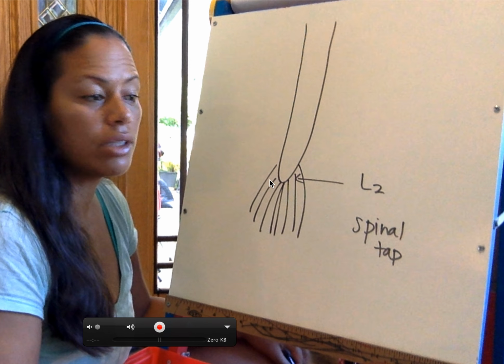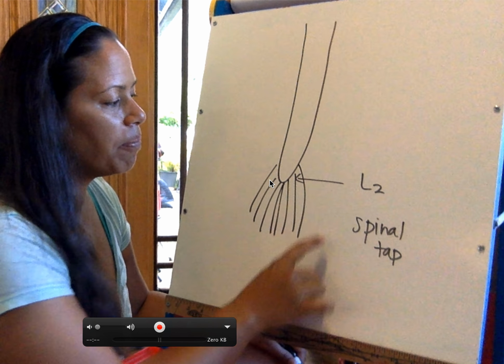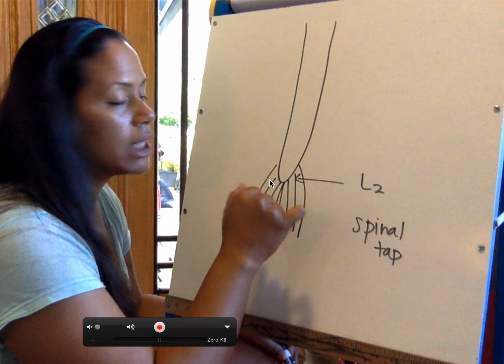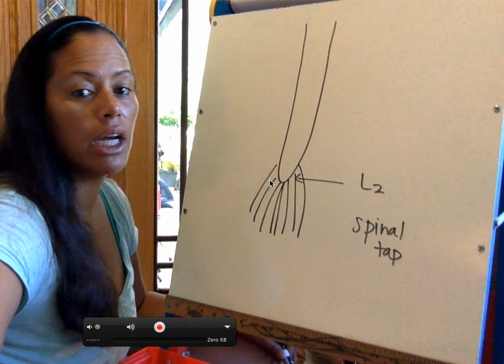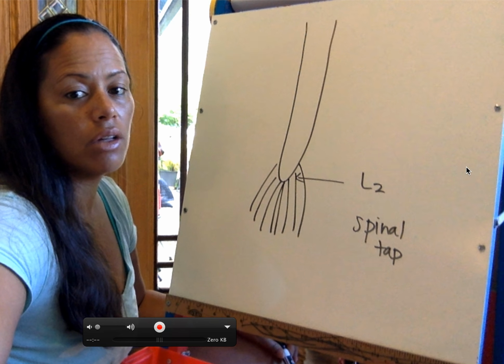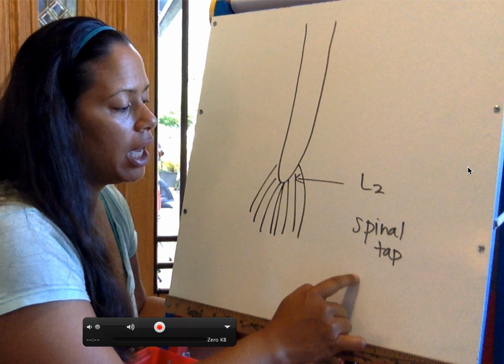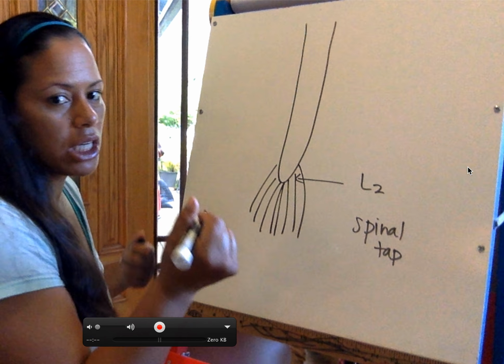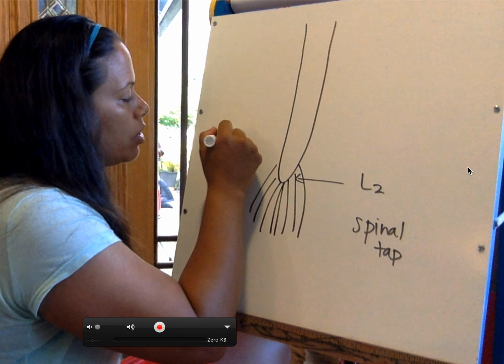Okay, so let's continue on with the nervous system. So we said that the conus medullaris and the end of the spinal cord ends at about L2, right? So L2 is where it ends. If I had something like, well, we'll talk about meninges and what they are there.